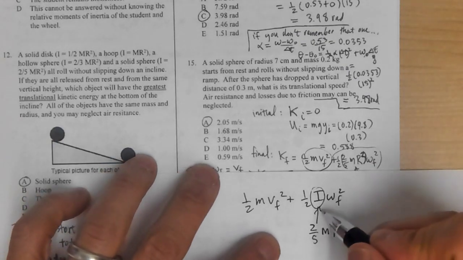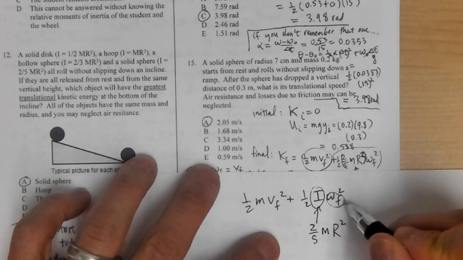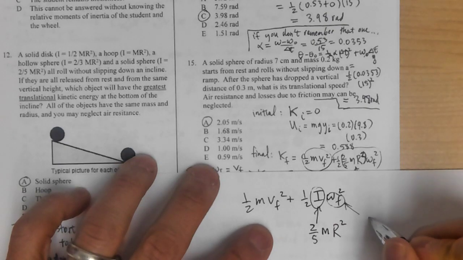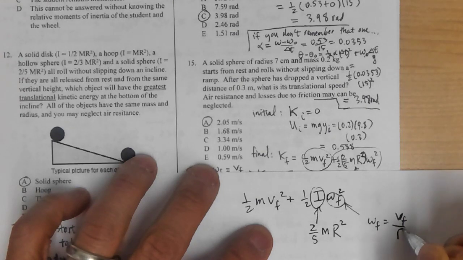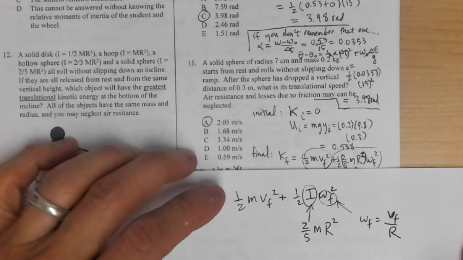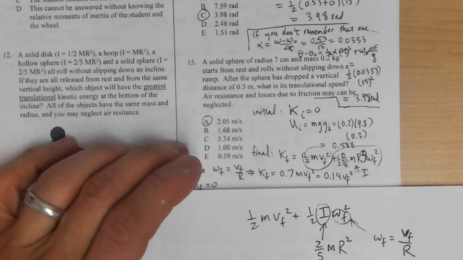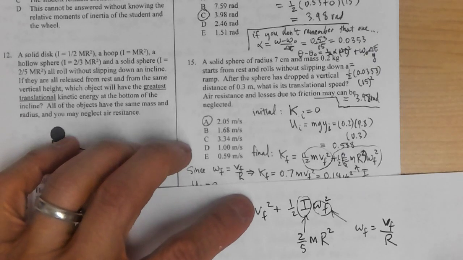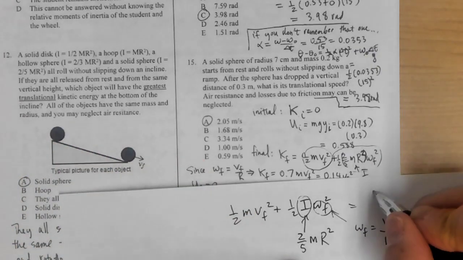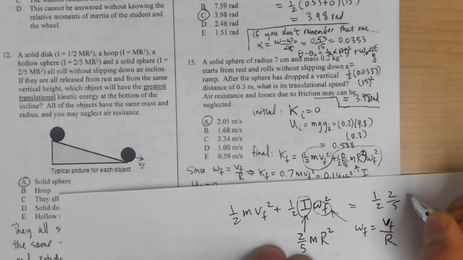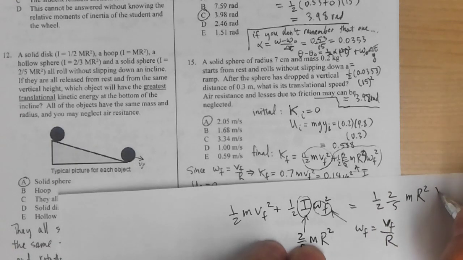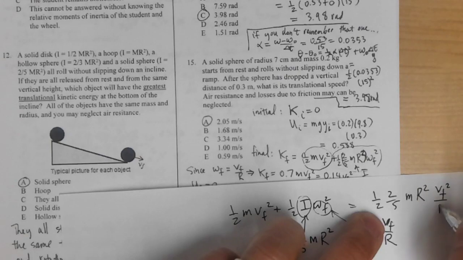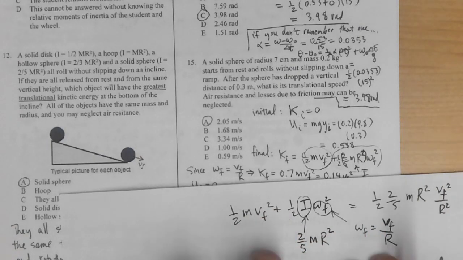So I put that in there, and then we also use the fact that omega final is equal to v final divided by R. Let me plug this in, you get 1/2 times 2/5 m r squared times v final squared divided by r squared.